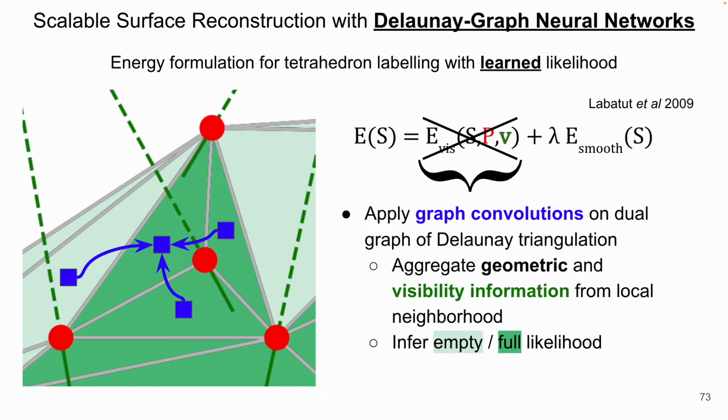And we then input these likelihoods again into the same energy for global regularization. And I will show in a minute that using the likelihoods from the trained graph neural networks can locally often lead to more accurate empty full predictions and thus to a more accurate surface.